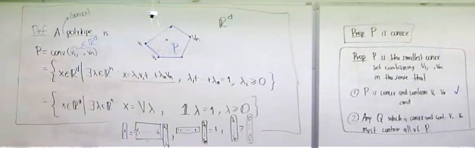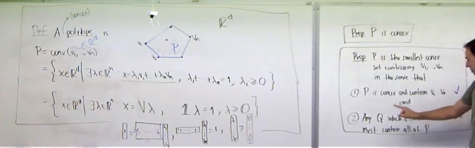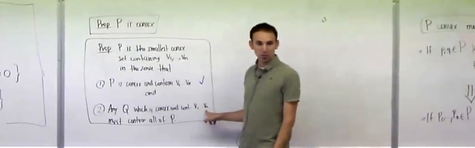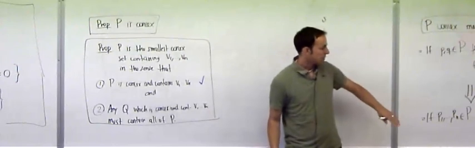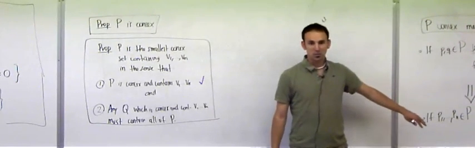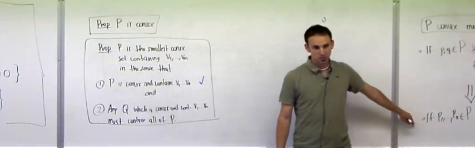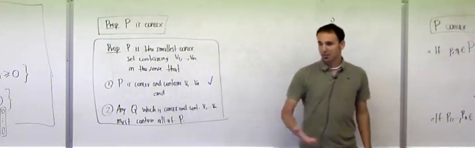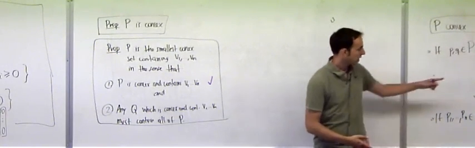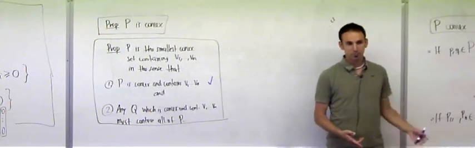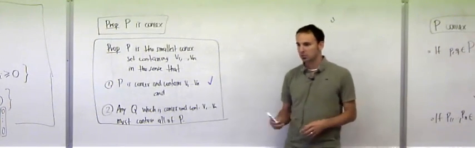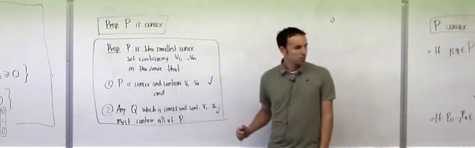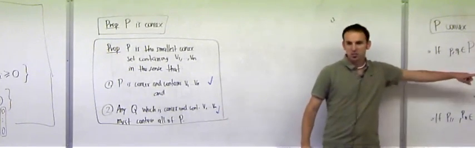Cool. And if Q is convex, and Q contains v1 up to vn, then by this property, Q has to contain any convex combination of v1 up to vn. And P is exactly the set of convex combinations. If you look at what I wrote here, this is exactly P. And so what I'm saying here is synonymous to doing this induction, basically.